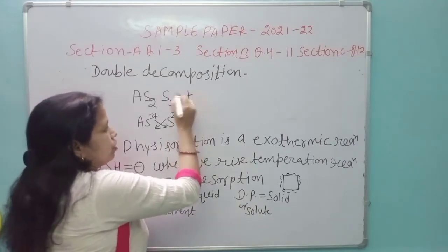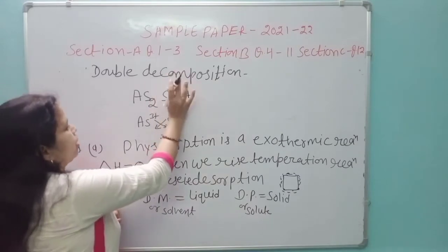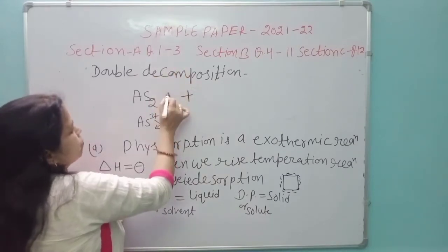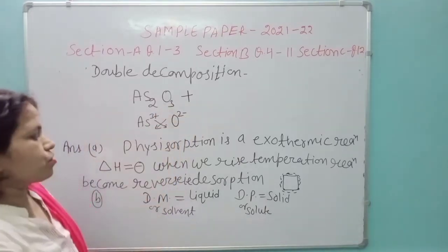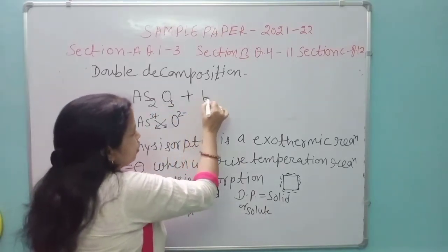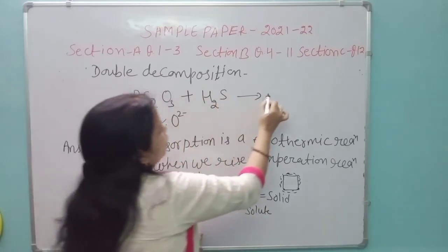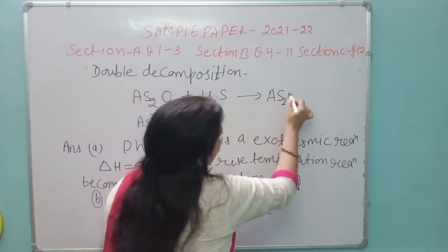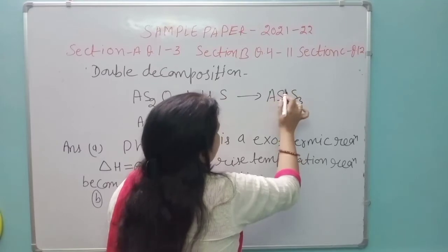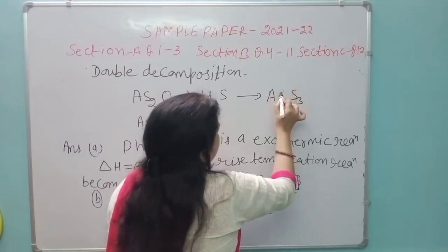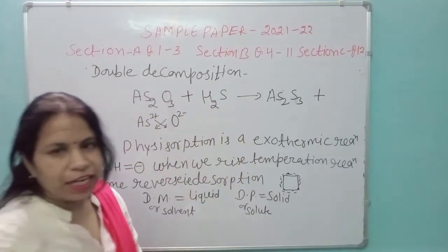Double decomposition: arsenic oxide plus H2S, hydrogen sulphide, converts into arsenic sulphide sol. And what is the next product? H2O.